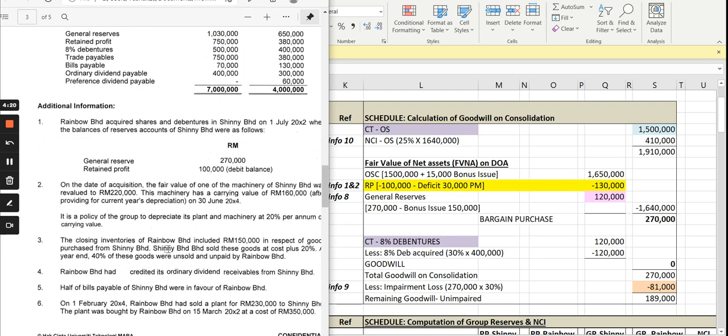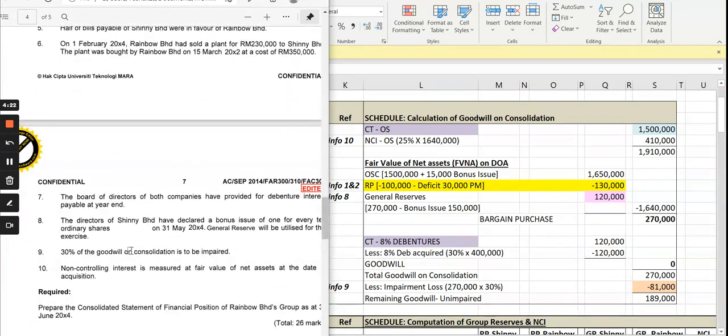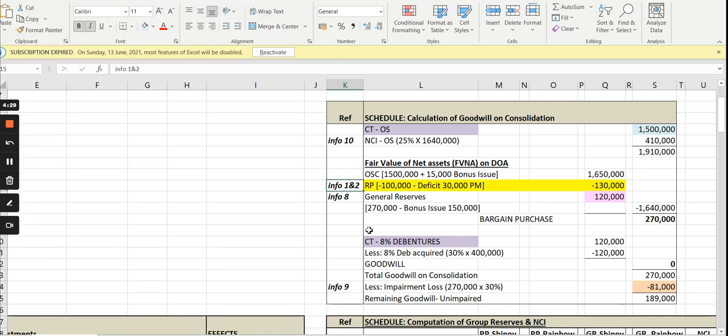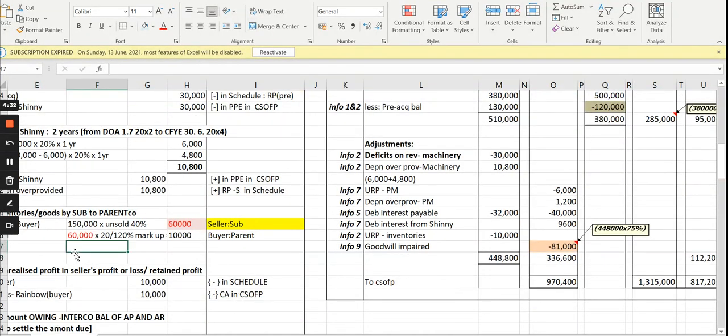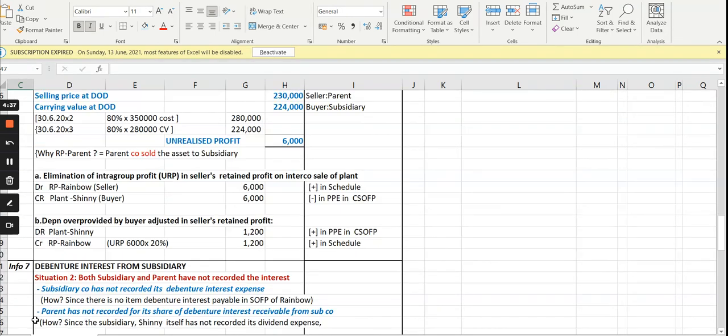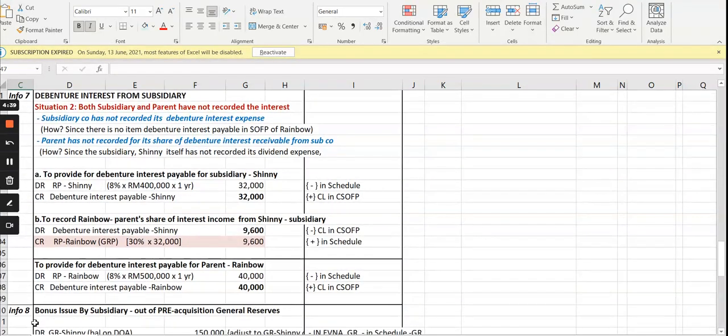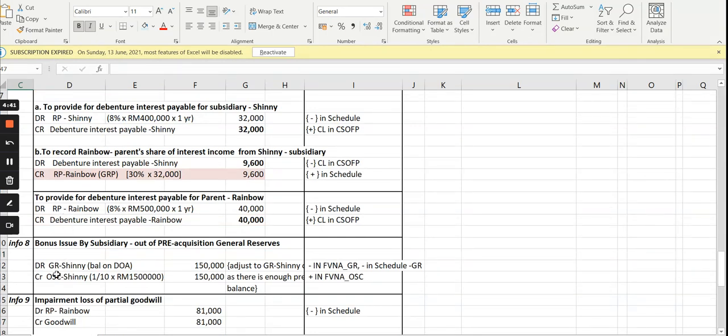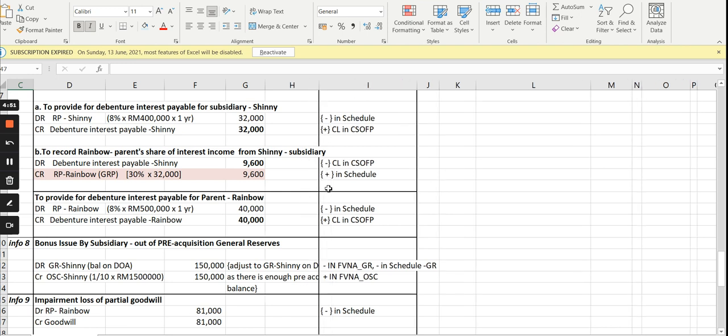Apart from that, when we were doing our bonus issue earlier, that also affects the fair value of net asset, and we have done the adjustment. Let me just show you. This one, info 8. When we debit the general reserve, what we debit is the general reserve balance on the date of acquisition, and that has to be adjusted in the general reserve of Shiny.